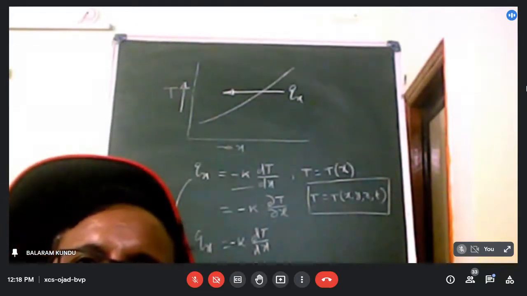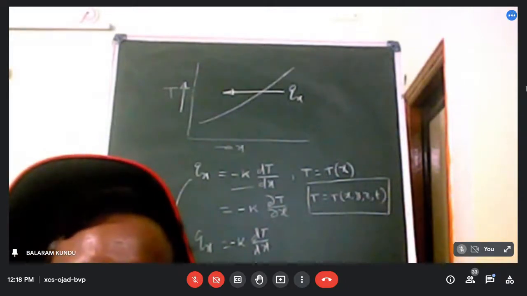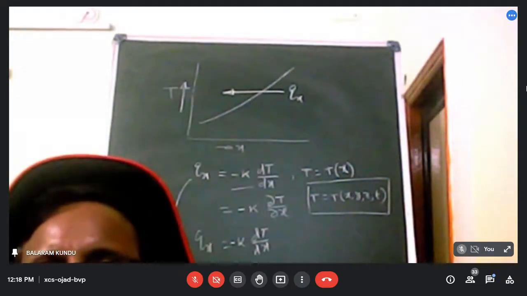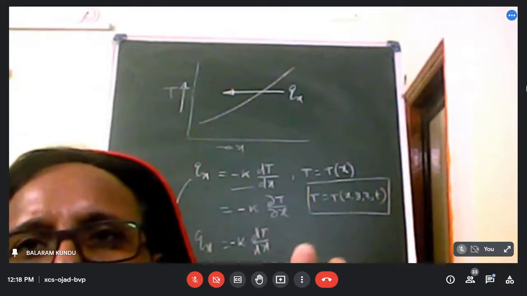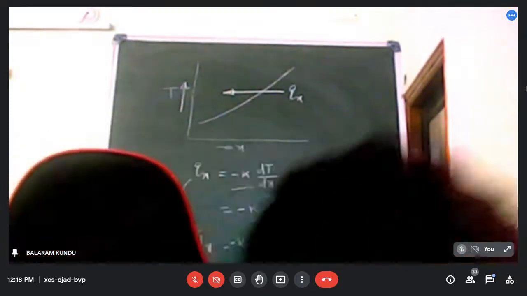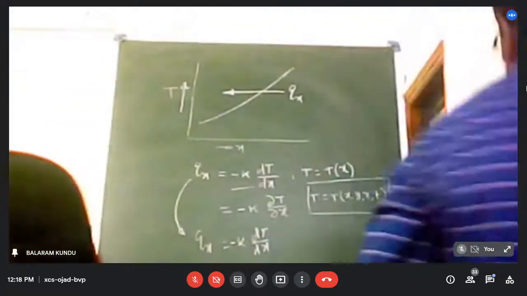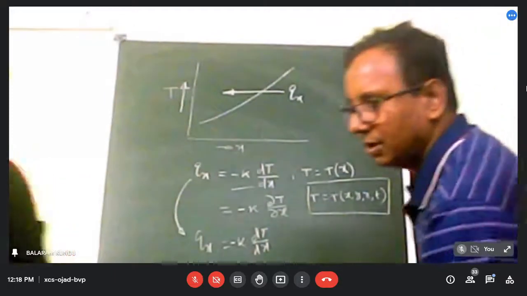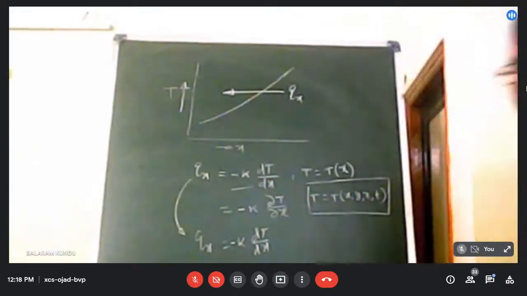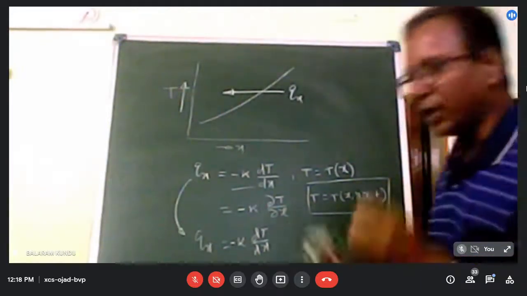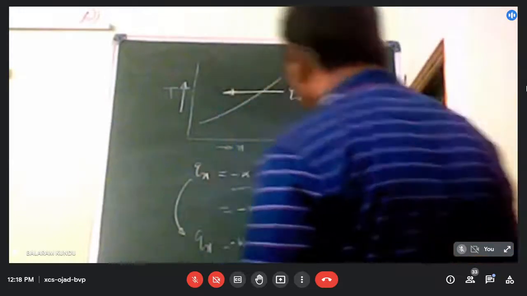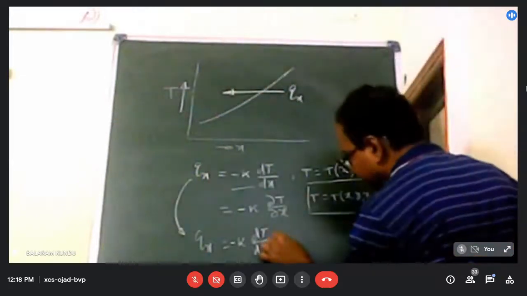That flux is called the convective flux or enthalpy flux. So we have to write another flux. If the solid is moving with uniform velocity, then we have to modify this Fourier's law of heat conduction by using another flux.